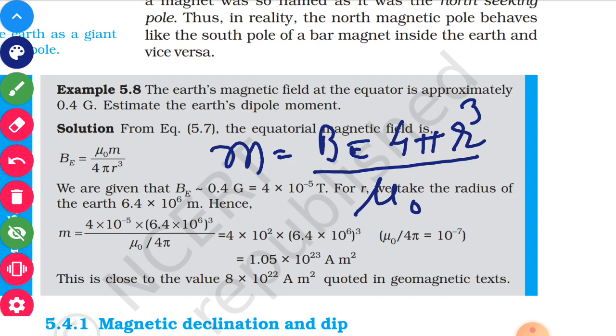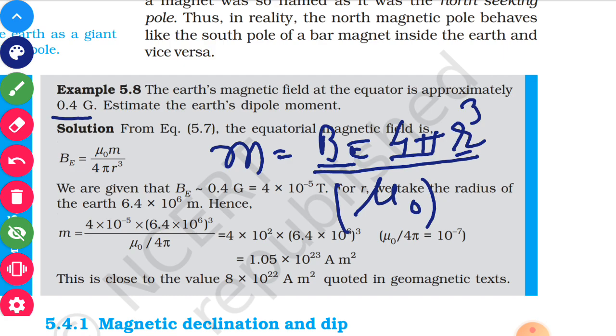Here B_E is given, 0.4 Gauss, so it becomes 4 × 10^-5 Tesla. 4 pi, that can be placed with its value, or we can write 4 pi as it is. R, that is distance, the radius of the Earth, is given as 6.4 × 10^6, cubed. Now mu0 is nothing but 4 pi × 10^-7, so that 4 pi will be cancelled out.